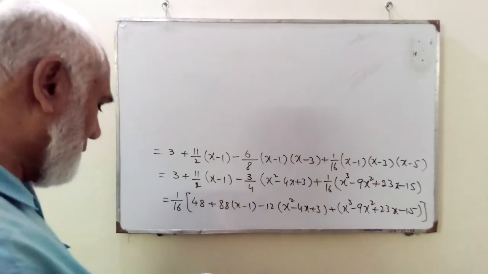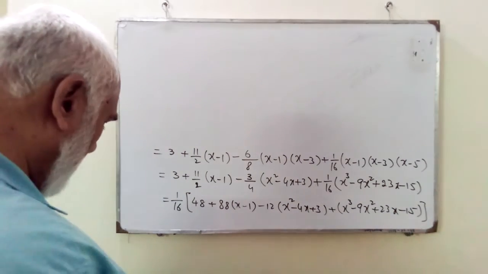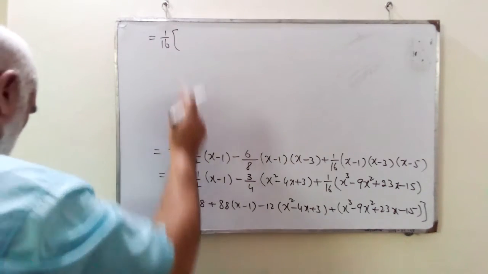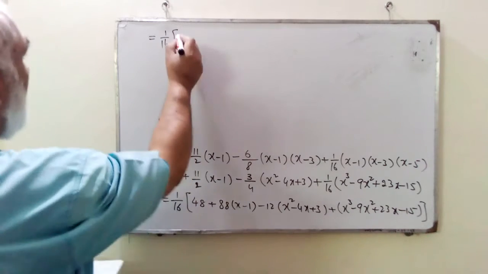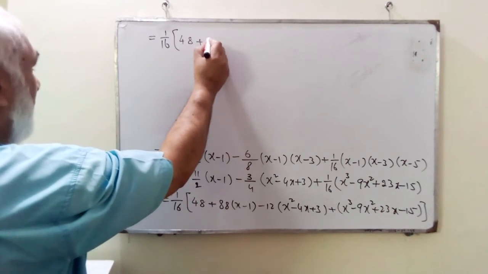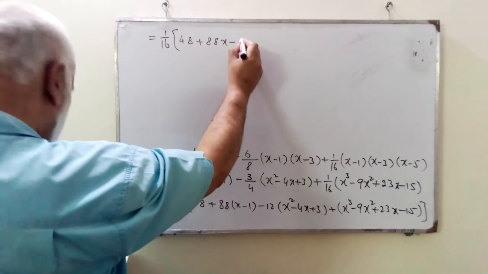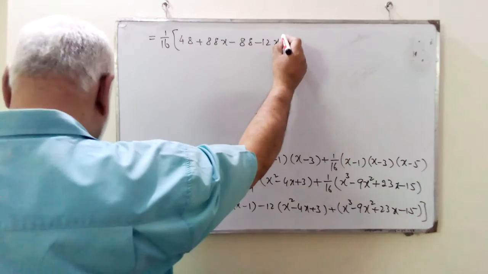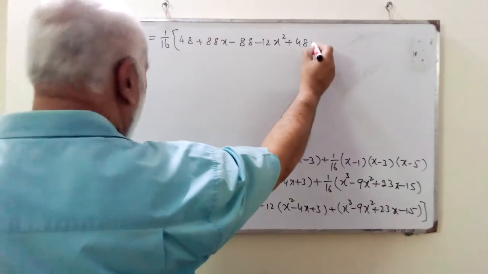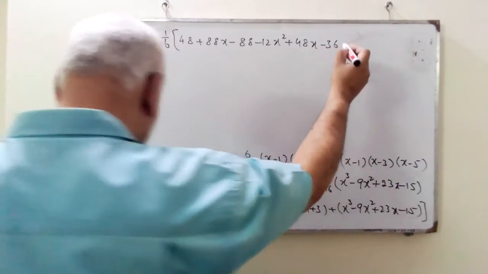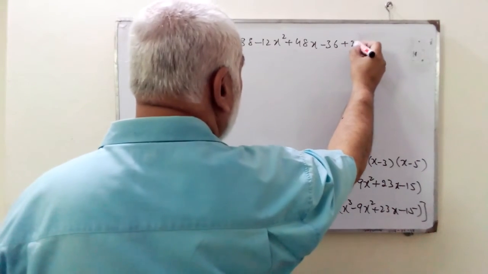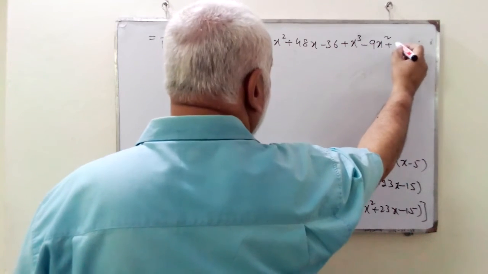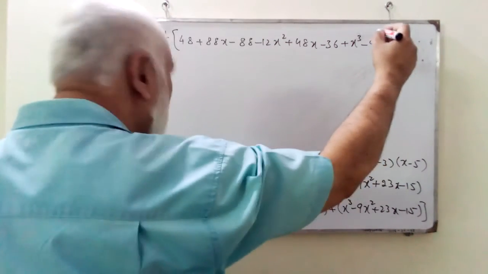Okay, after further simplification and on splitting the brackets, we get 1 by 16 outside, and inside there will be 48 plus 88 times x plus minus 88 minus 12 times x square, 48x, 36 plus x cube minus 9x square plus 23x and minus 15.